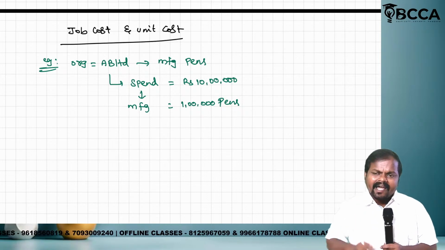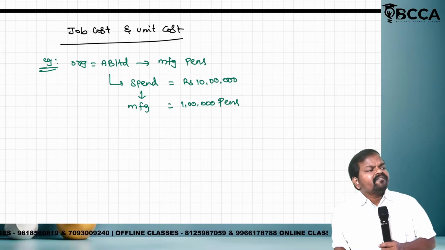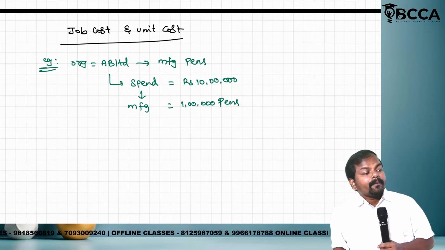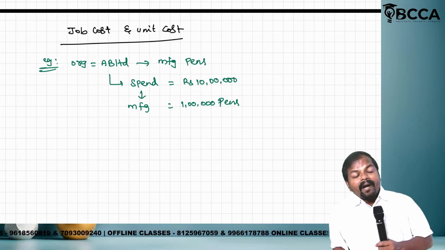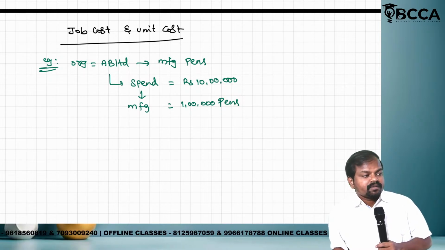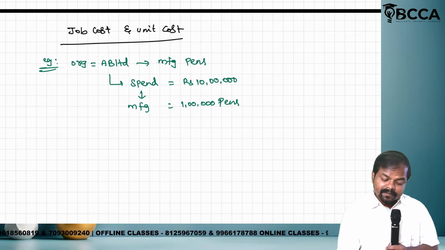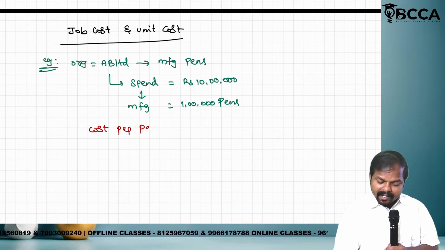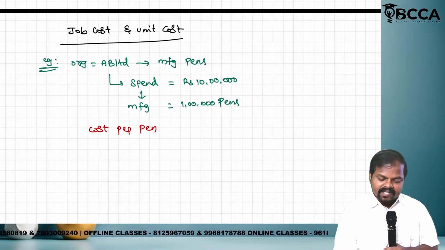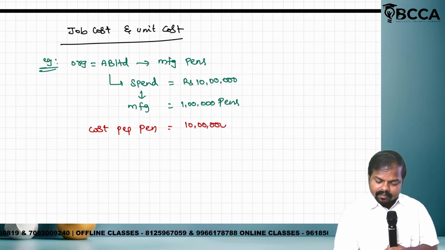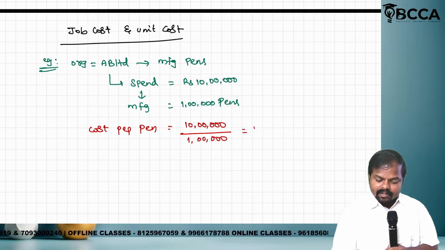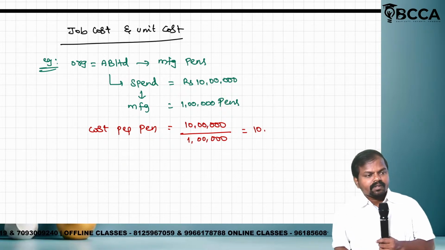Cost per pen, a pen or a unit, is equal to 10 lakh divided by 1 lakh, that is equal to 10 rupees. Correct?